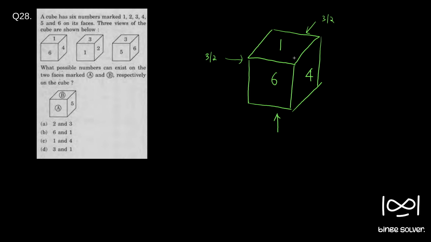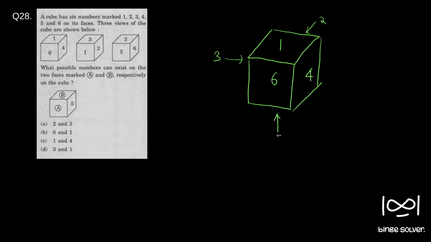If this were 3, it would become opposite to side 6, so that third figure can't happen, as from the third figure we clearly know that 3 comes as an adjacent side to 6. So out of these two possibilities, the adjacent side to 6 is only this possibility. So we can say this side is 3, and this side is 2.